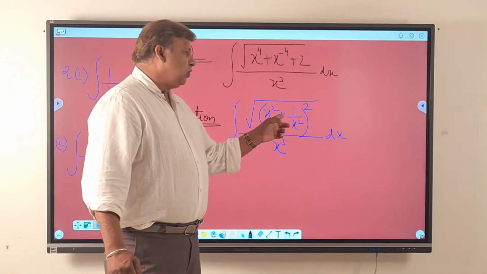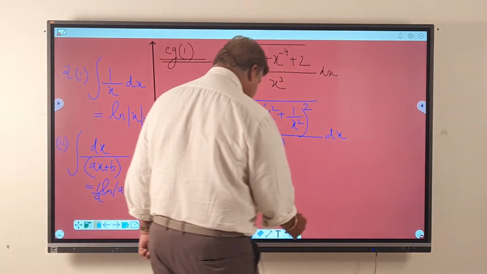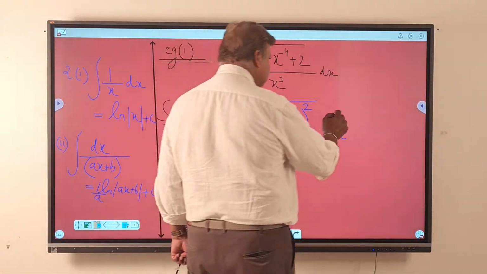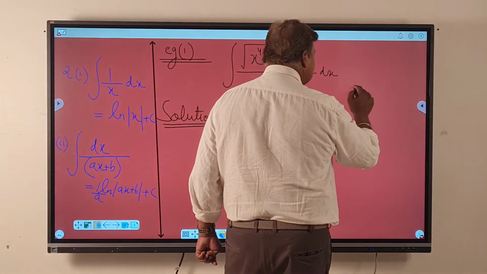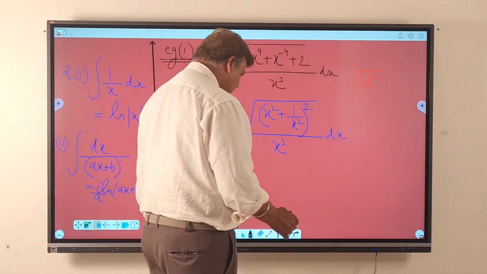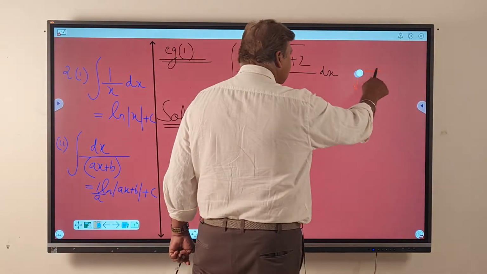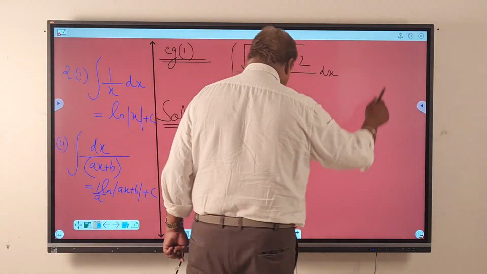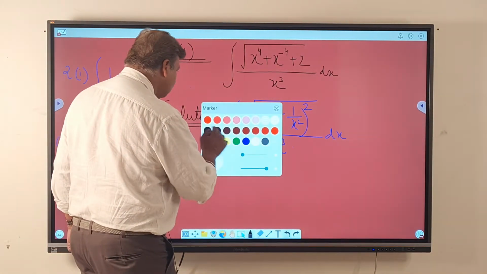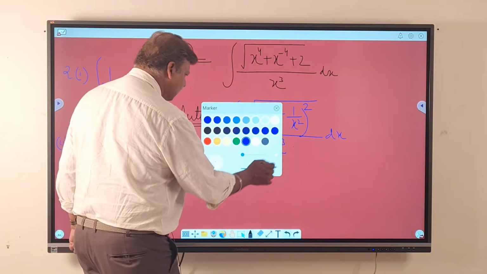Now what will come out of it? Here I would like to emphasize one very important theoretical point. Whenever you have x square, I think this is not visible enough, so I'll make use of another color, a blue one, let's say.